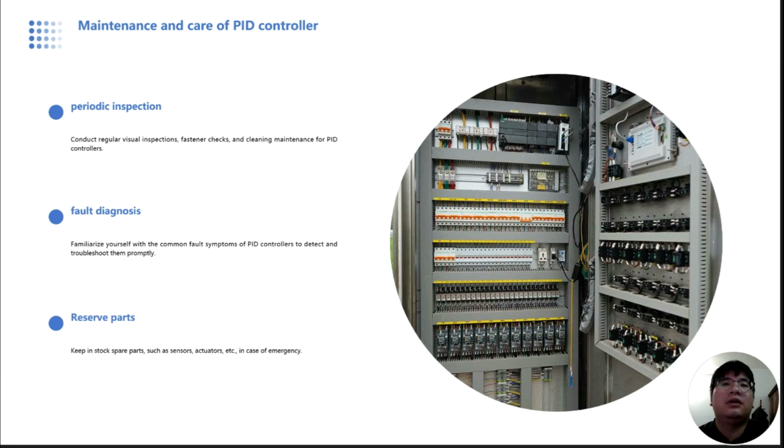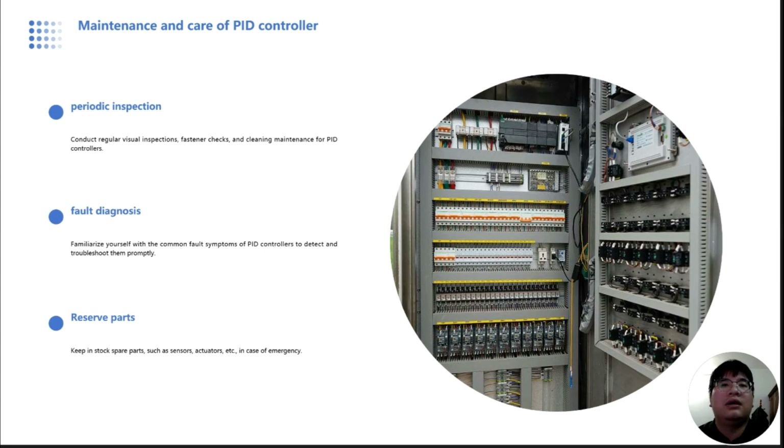The last tip is about system maintenance. A good control system is not only about design, also about maintenance. Regularly check like a physical examination to see if the wiring is secure and if the equipment is clean.